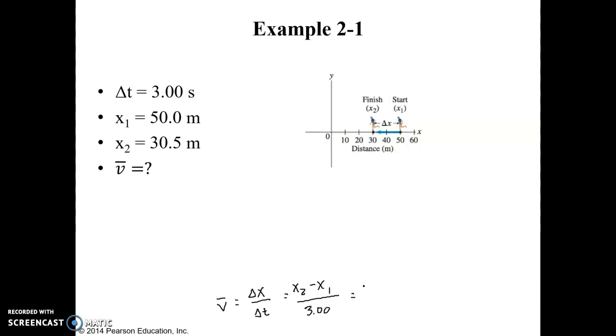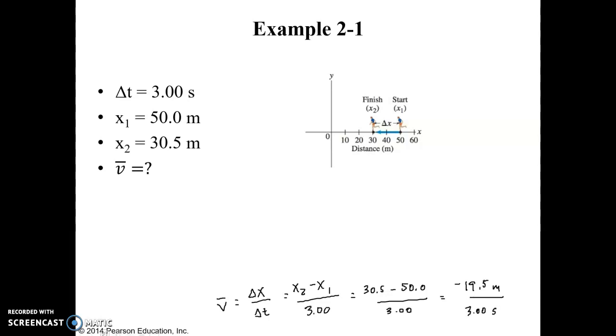And our final position was 30.5 minus 50.0. I'm going to divide that by 3.00. Let's just do the numerator first: negative 19.5 meters divided by 3.00 seconds.